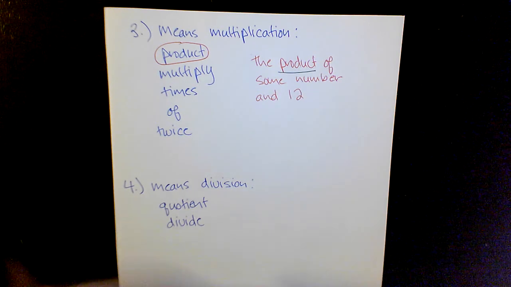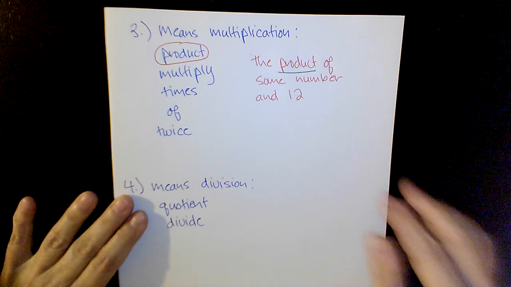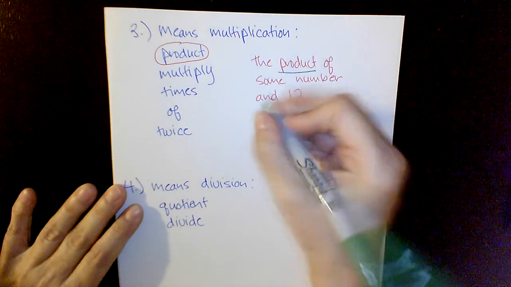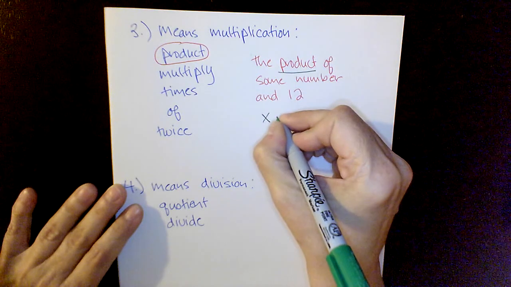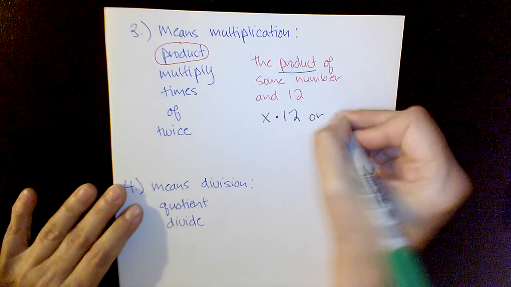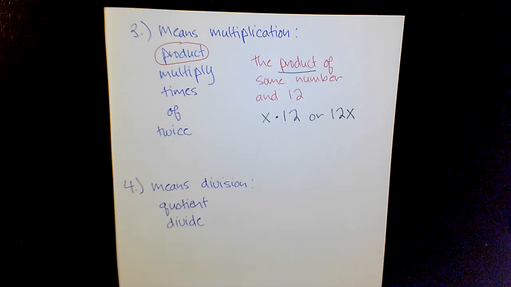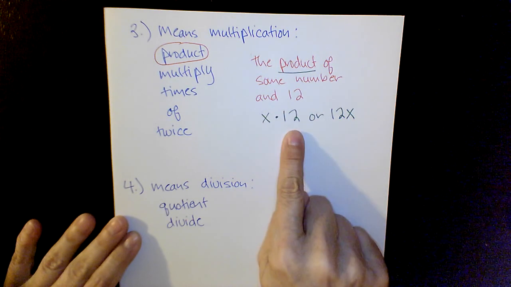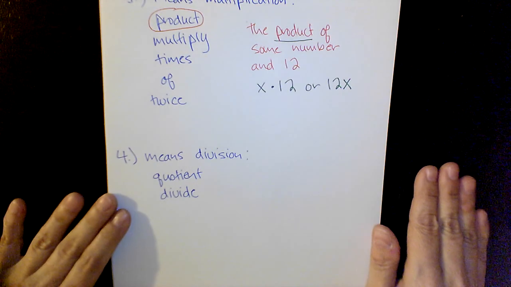I want to multiply some number and 12, so you can write X times 12, or you can write 12x. I think this one is the preferred way, but if you gave me the other on a test or quiz, I would mark it right. So again, product means to multiply.